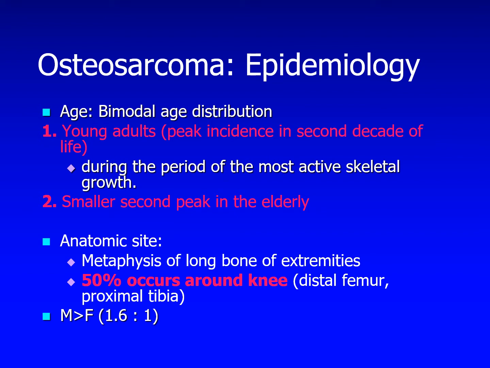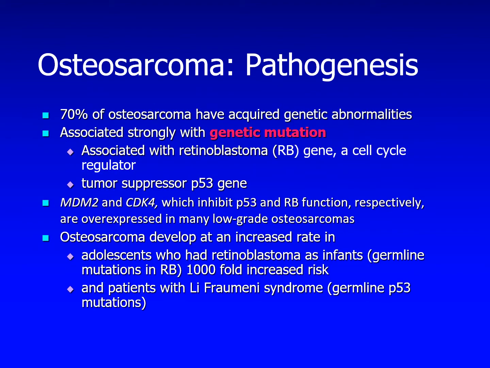The anatomic site that is involved is usually the metaphysis of the long bones of the extremities. 50% occurs around the knee, affecting the distal femur and the proximal tibia. Males are affected more than females. 70% of osteosarcomas have acquired genetic abnormalities.